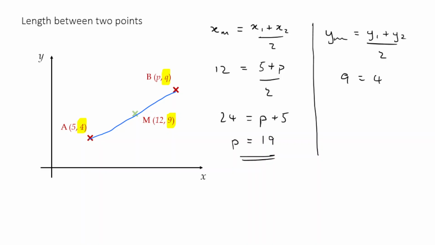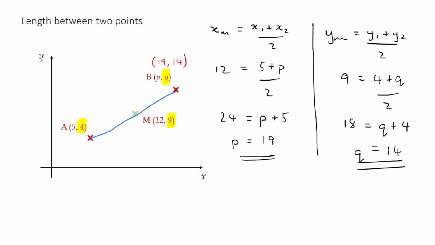So 4 plus q divided by 2. So I multiply by 2 on both sides. I get 18 is equal to q plus 4, which means that q must equal 14. Okay, q's got to equal 14. So in other words, the point B is the point 19, 14.